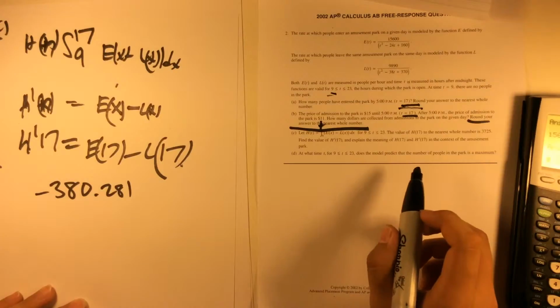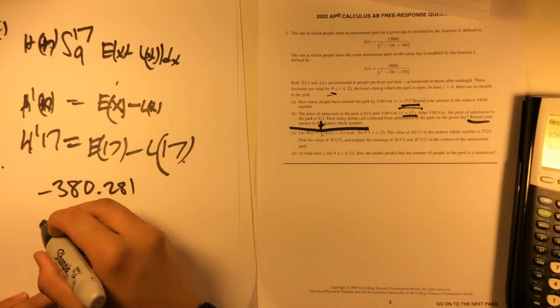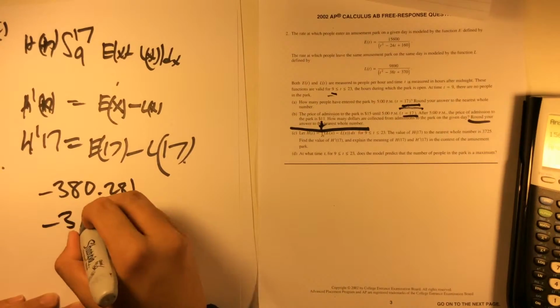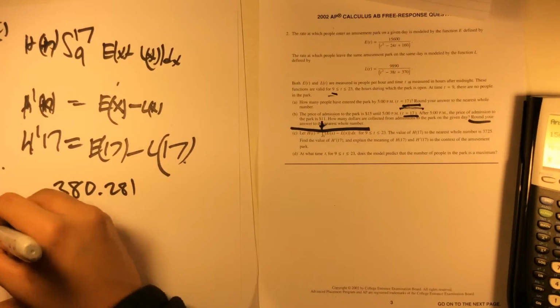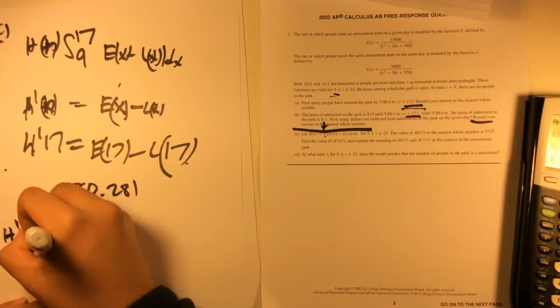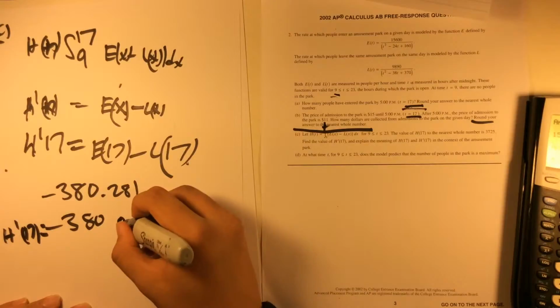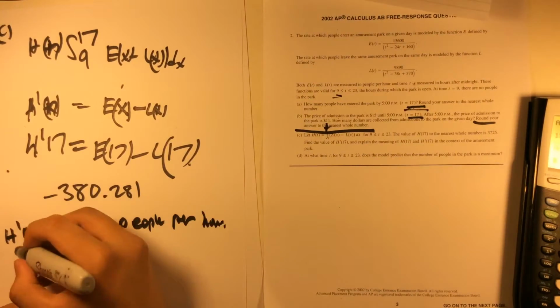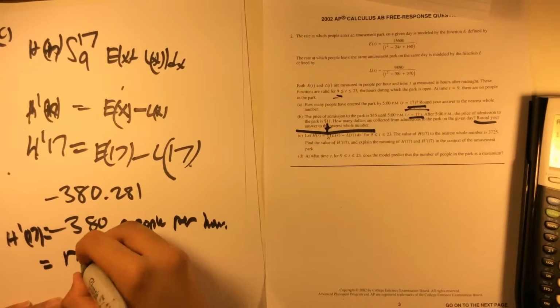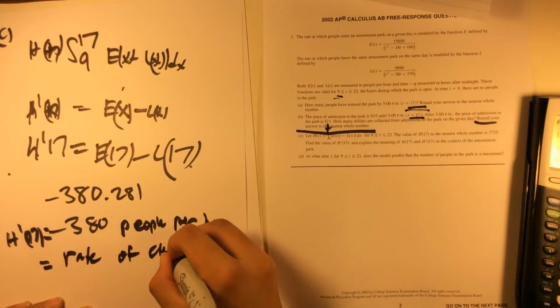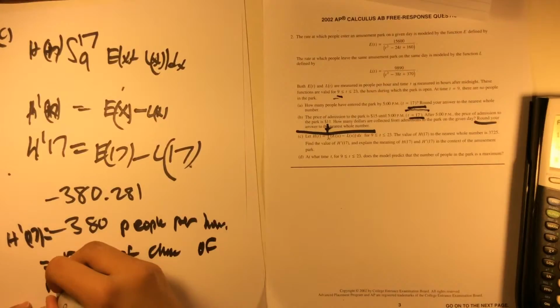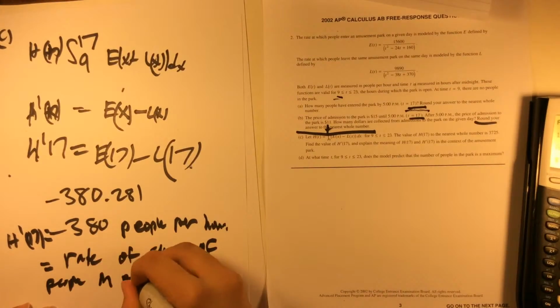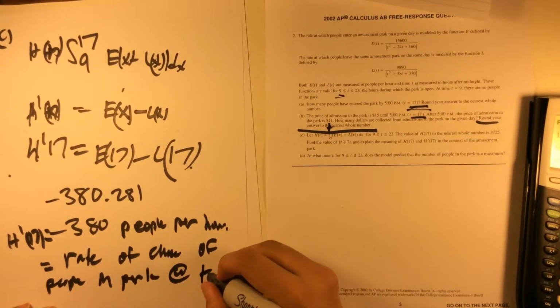Round to the nearest whole number, so it's approximately negative 380. Now, H prime of 17 equals this number, and this is a rate, in people per hour.